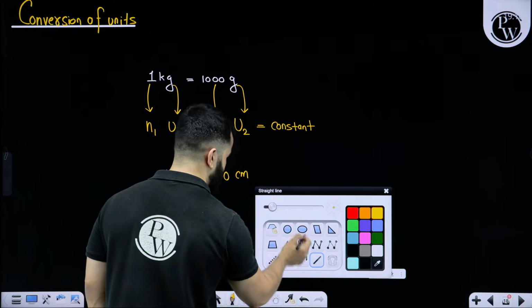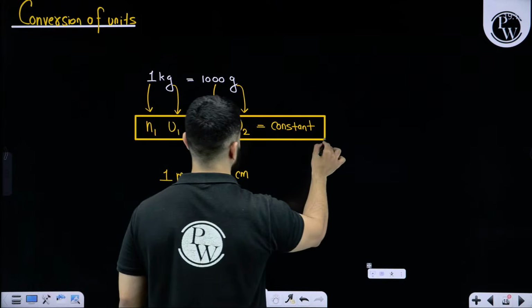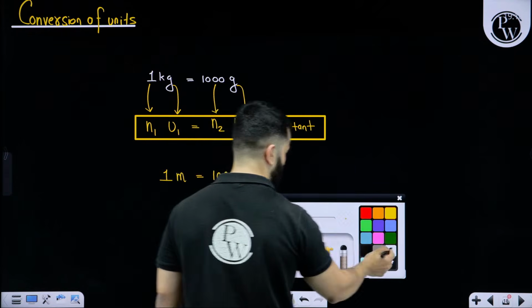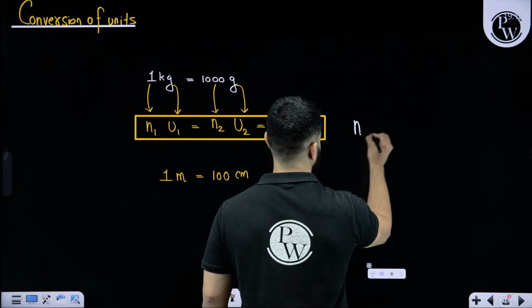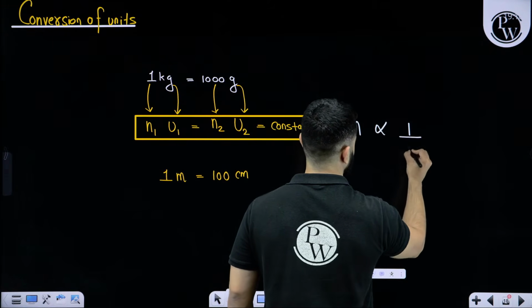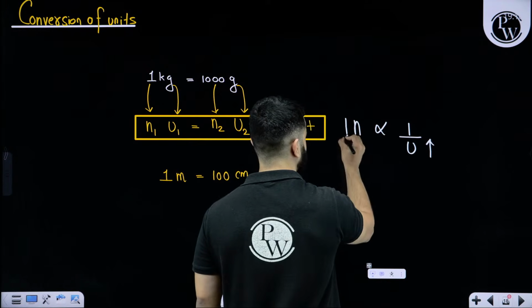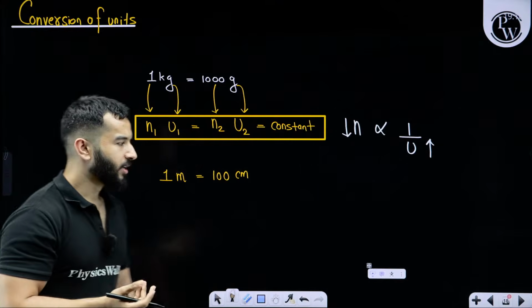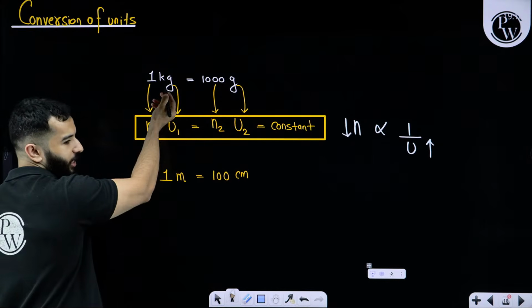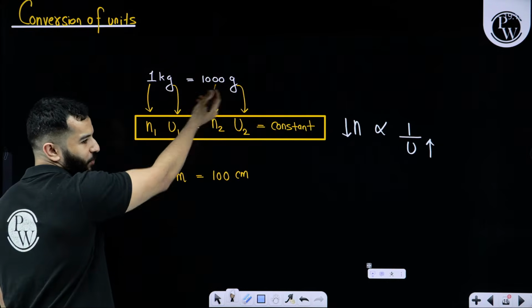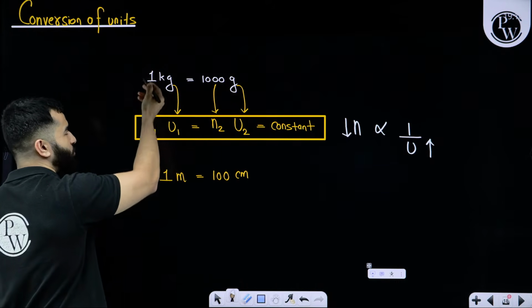Using this concept, you can say a simple thing, that n is inversely proportional to u. The bigger the unit is, the smaller the number will be. How easy it is? Kilogram is bigger or gram is bigger? Obviously kilogram is bigger, so the number is small.